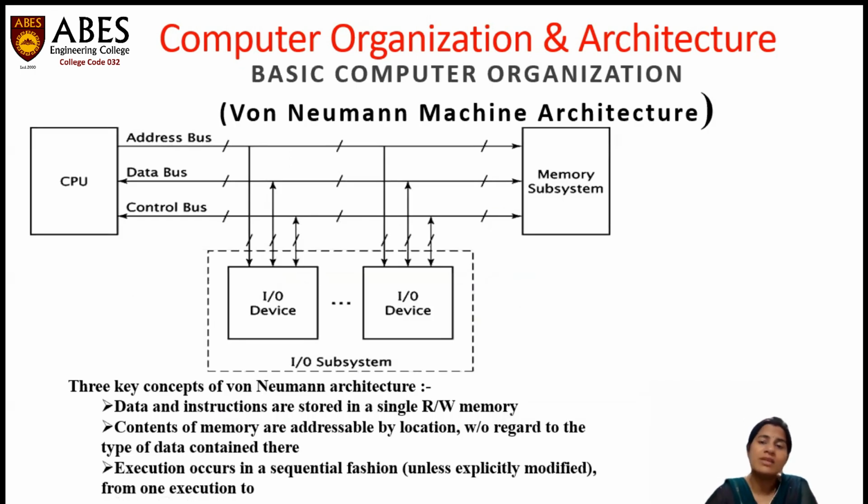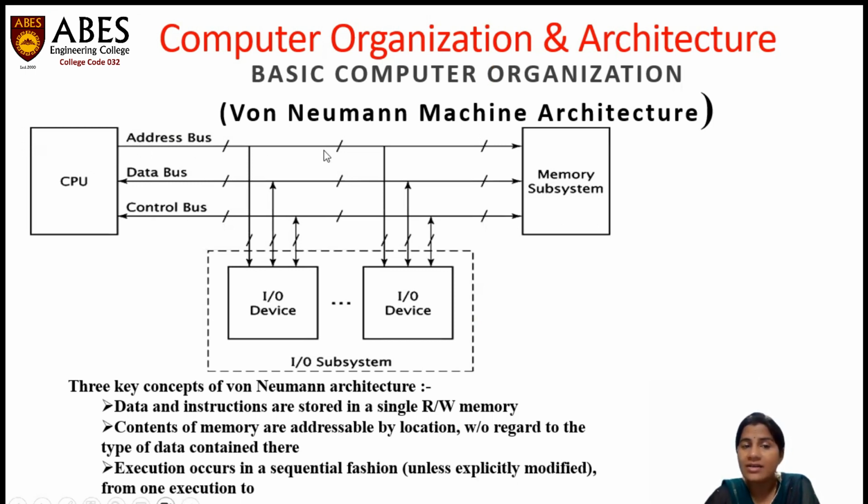Now we come to the basic computer organization, the von Neumann machine architecture. We can see here that the CPU and memory subsystem are connected with buses. Information in the computer can be passed only by bus. There is no other way to pass information. In our computer systems, we have three types of buses: address bus, data bus, and control bus.